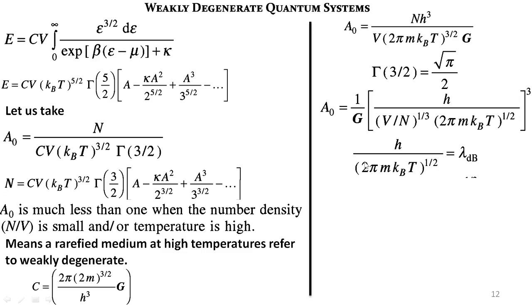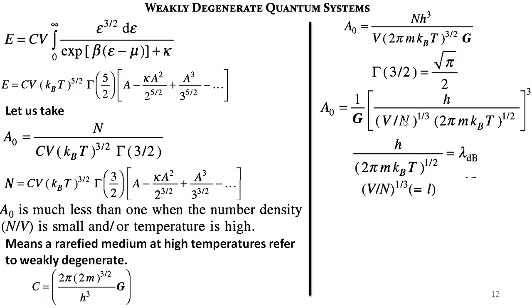Now you have to prove that this denominator is nothing but m into v, or it is related to momentum. So you have to try all the tricks of whatever you have done. And then this is nothing but the de Broglie wavelength. So this term h over this whole thing is nothing but the de Broglie wavelength. So I'm using it directly here.